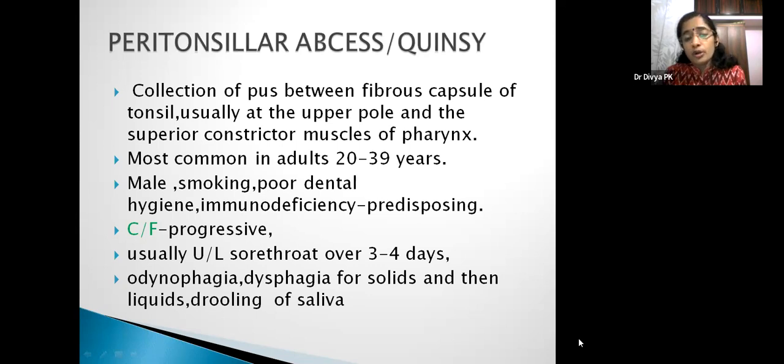Clinical features will be progressive unilateral sore throat.